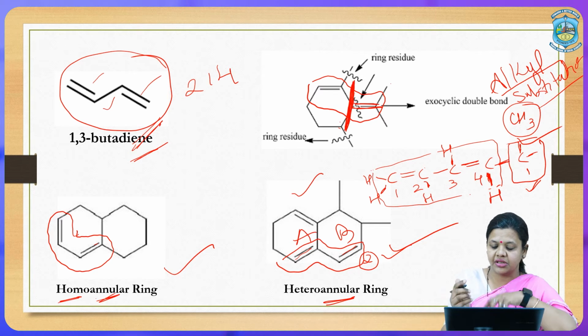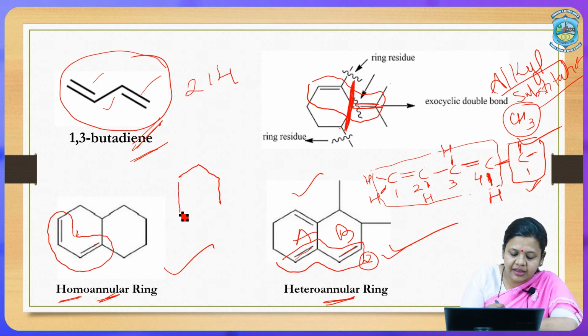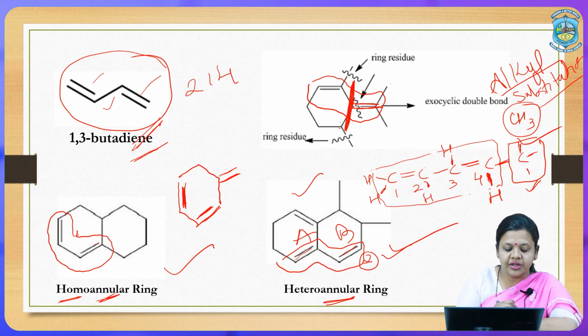There are two conditions. If I draw a ring separately over here, you may understand that this is a ring, this is a double bond over here, another double bond over here, and there is a double bond over here. So, each double bond is in conjugation.